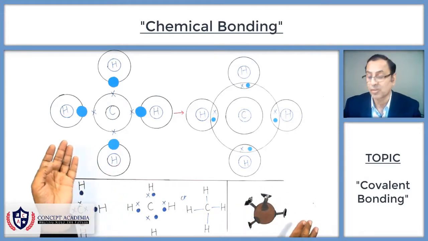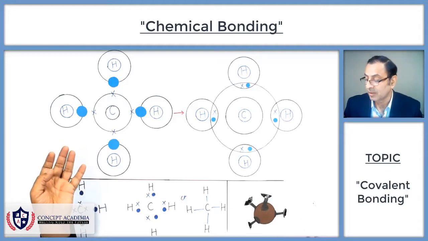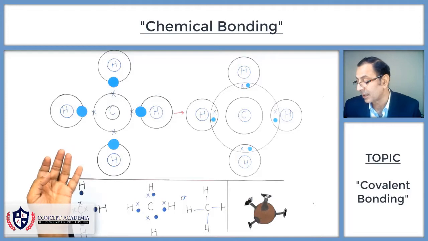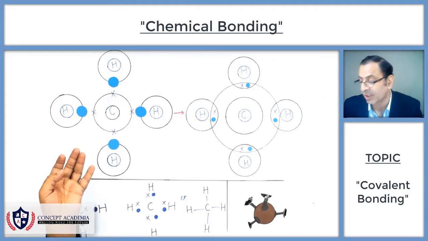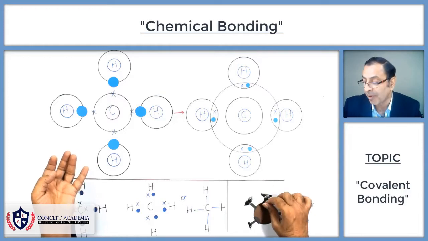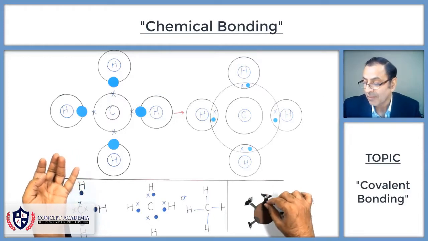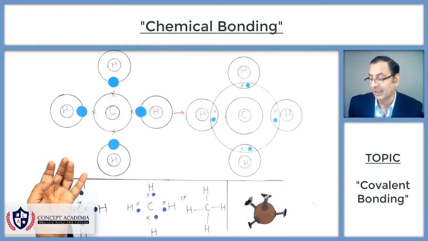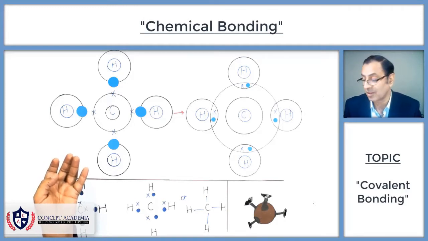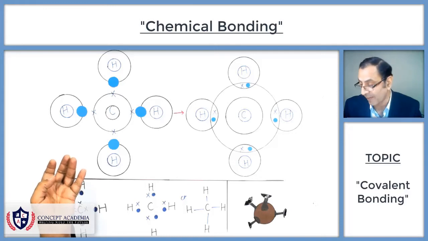This has a tetrahedral shape, a tetrahedral structure, and these covalent molecules have definite shapes because their bond lengths are definite and the covalent bonds are directional, having their own direction.